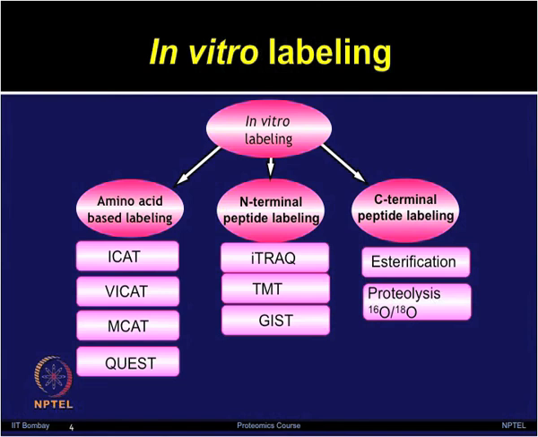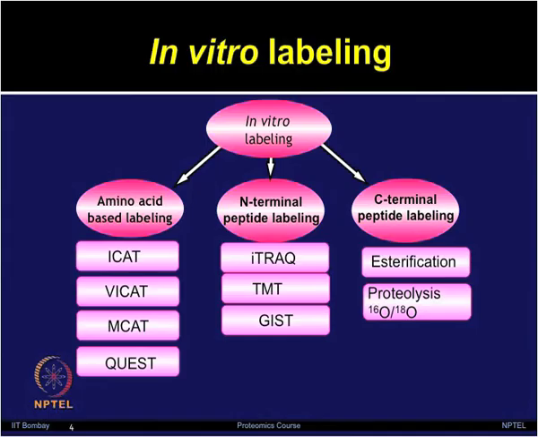Then there are different types of N-terminal peptide labeling methods, such as iTRAQ and TMT, which we are discussing today in detail. iTRAQ, also known as isobaric tagging for relative and absolute quantitation. TMTs are tandem mass tags, and GIST, global internal standard technology.